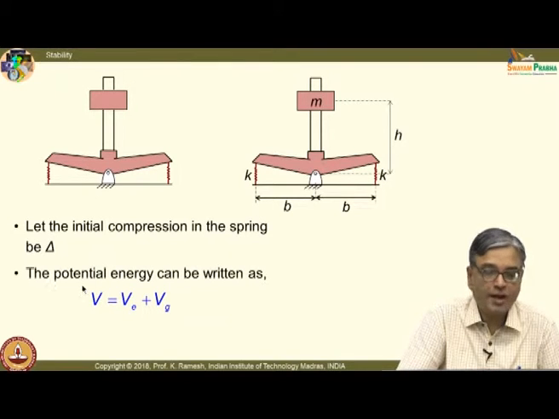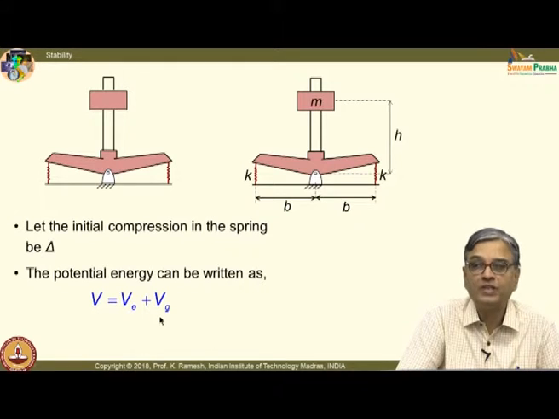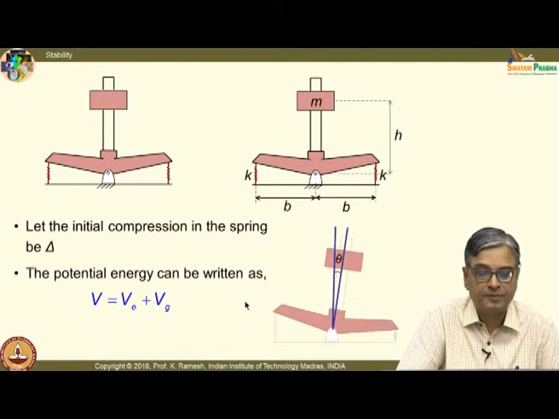So, the total potential energy is given as VE plus VG. And I have given you a generic displacement position. I have the vertical axis. It is displaced by a small angle theta.